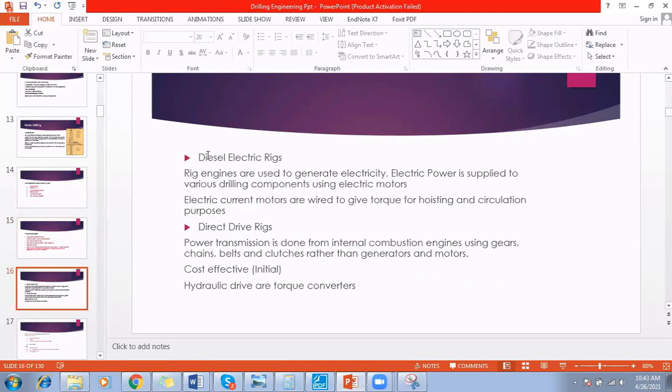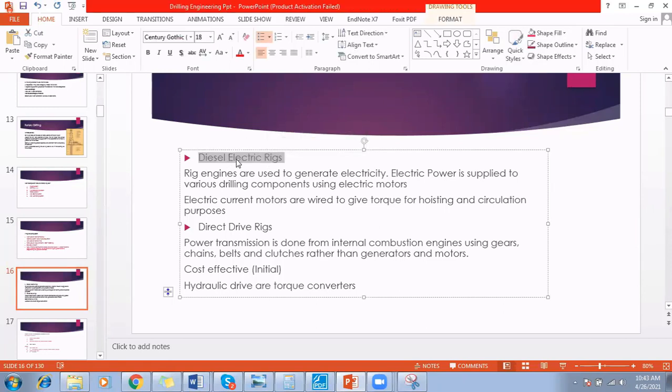The main difference between the diesel electric rig and the direct drive rig is that in the diesel electric rig, the electricity is first generated, then the generated electricity is transferred to the desired components by other means, like electric motors.